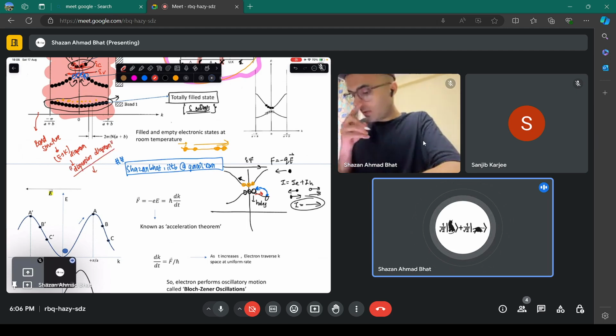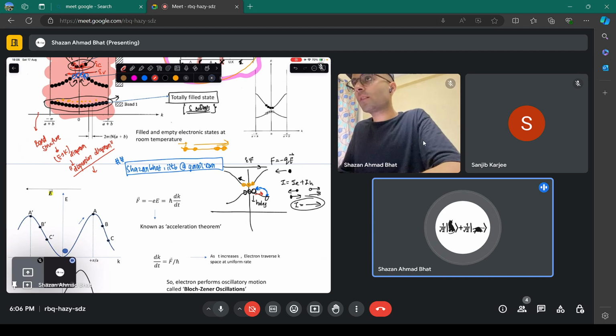Because it is similar to what happens in the case of waves. Dispersion is a wave phenomenon: different waves travel with different frequencies, mix and interfere with each other, and give rise to a new wave. That is the dispersion, and that's why it's sometimes written as omega versus k. Don't get confused by it.